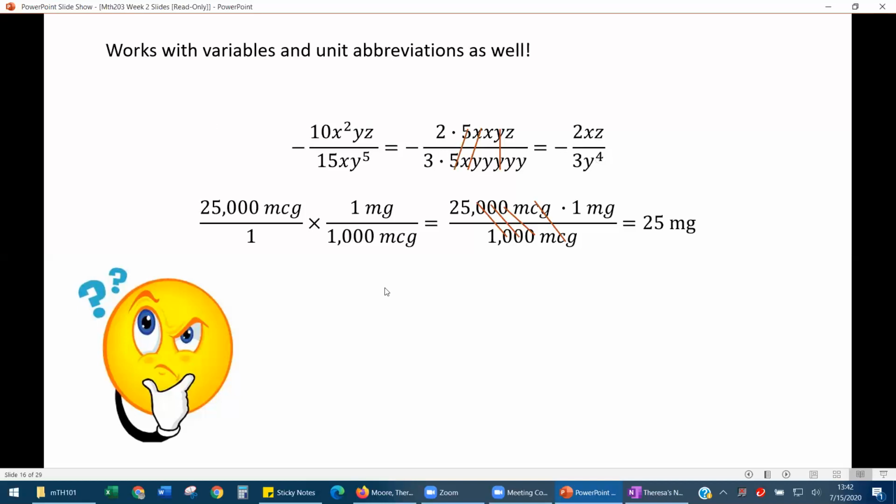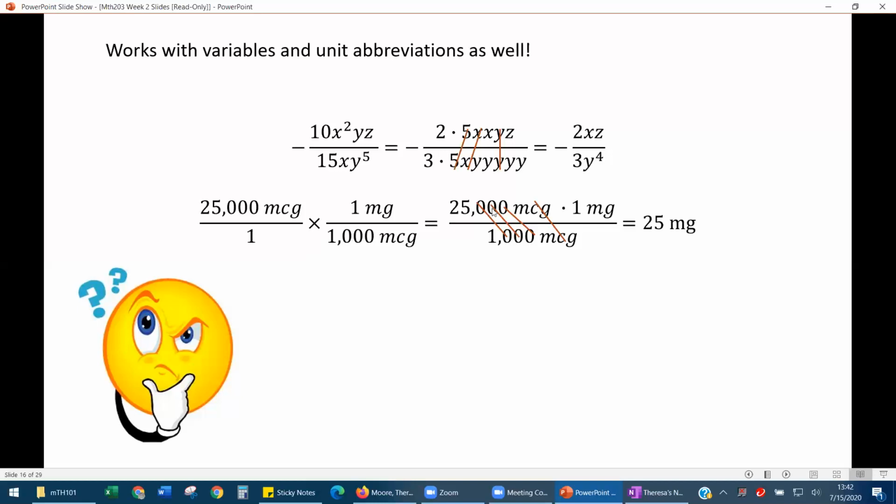So it works with variables, and it also works with unit abbreviations. And you'll see this when we get to conversions. So 25,000 micrograms over 1 times 1 milligram over 1,000 micrograms. So if we rewrite this as one numerator, 25,000 micrograms times 1 milligram, the denominator as 1 times 1,000 micrograms, which is just 1,000 micrograms.